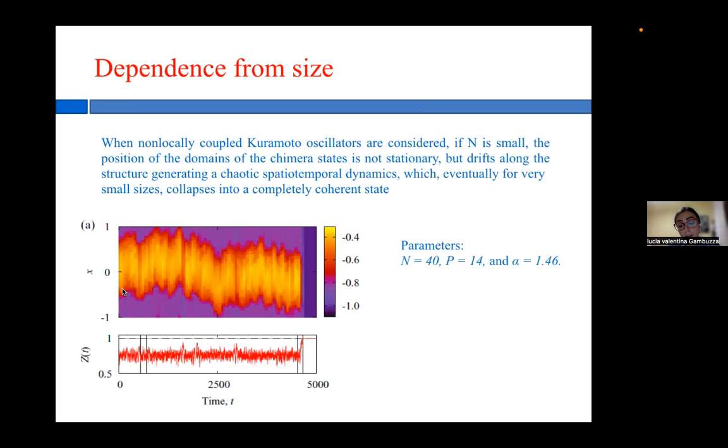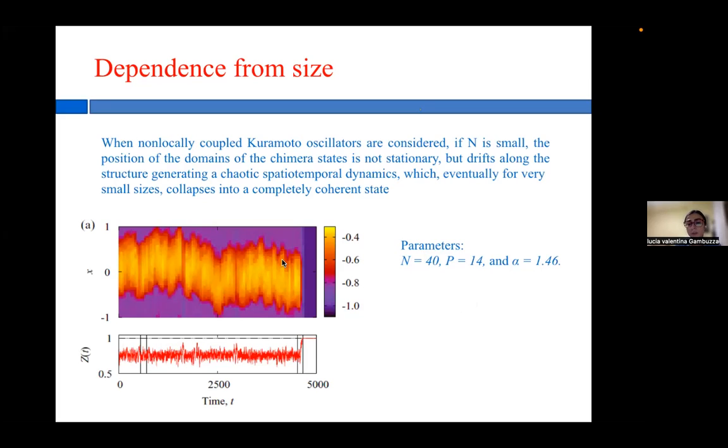As I showed you before, the onset of the chimera state is strictly related to the presence of some symmetries in the network. And if you change these symmetries a little bit, for example the number of neighbors of each unit, you can obtain a totally different behavior. In this case we have a system of 40 units. If you increase the number of neighbors of each unit, maybe you can find a more stable chimera state.